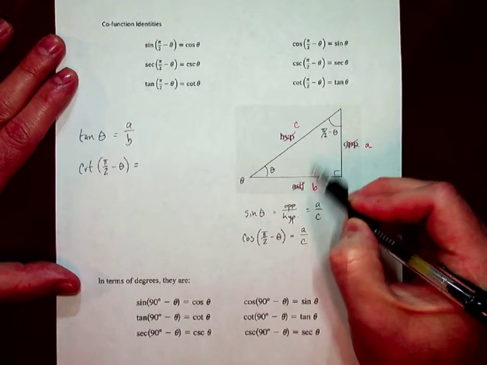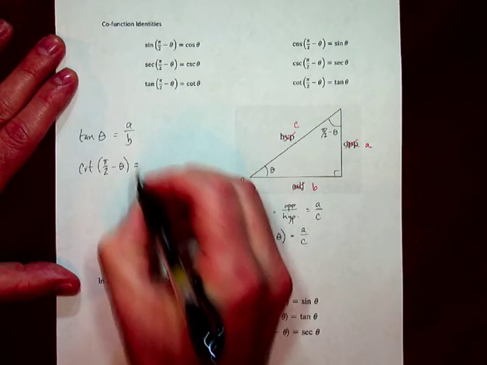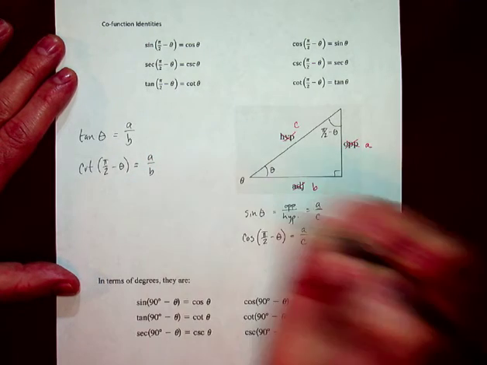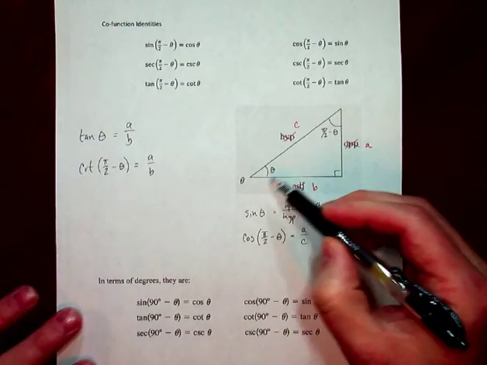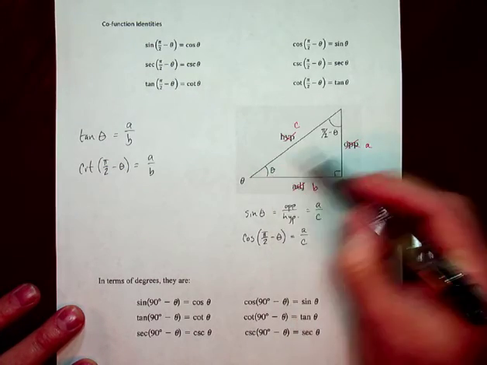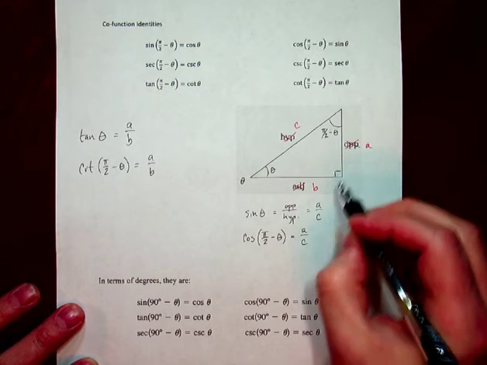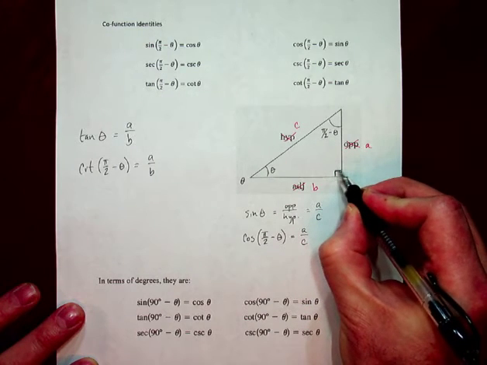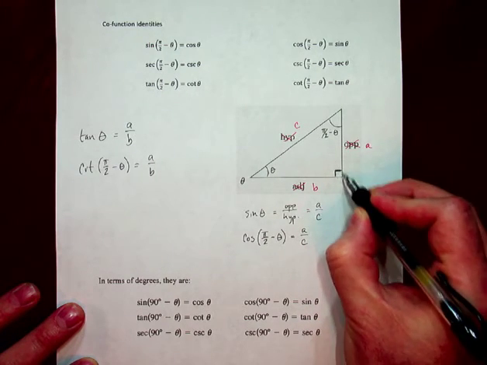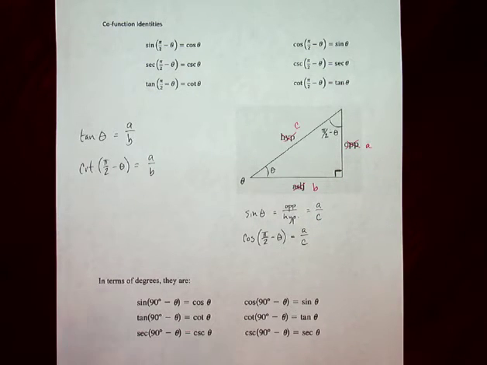It's going to be adjacent over opposite, and that's a over b. And it has to do with the necessary relationship between these two angles right here being complementary, because 90 degrees is taken up by the right angle down here, creating the right triangle.